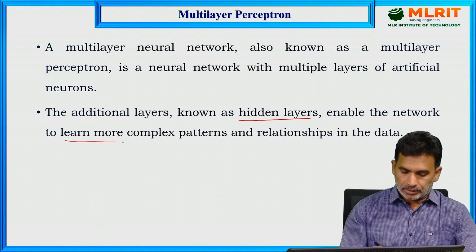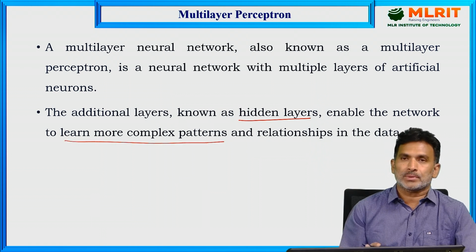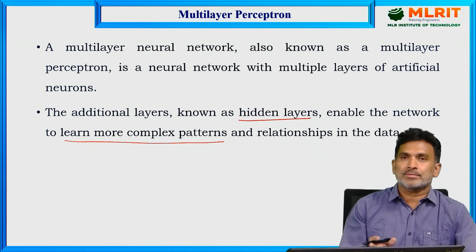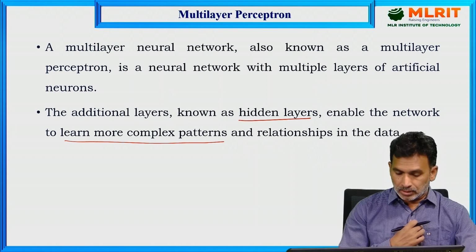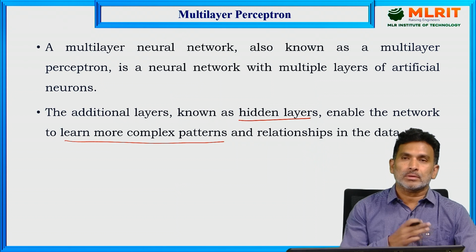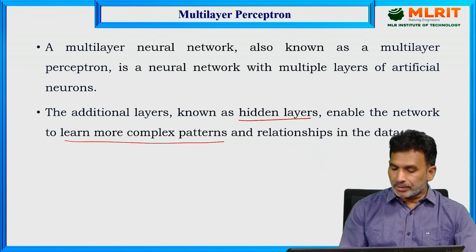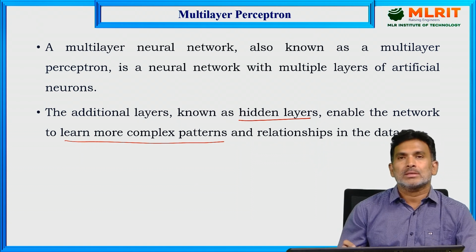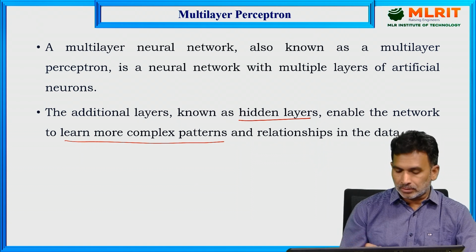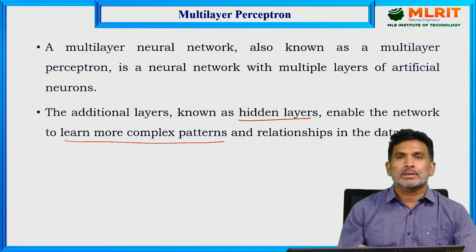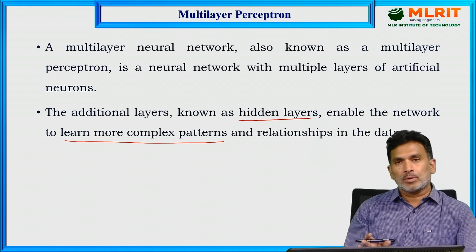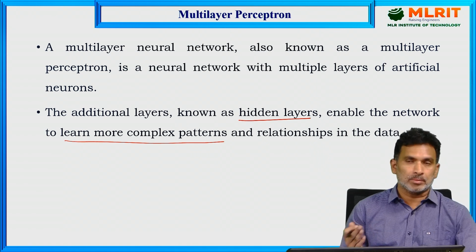With single layer perceptrons, learning these more complex patterns would not be possible because they do not have hidden layers. So that is a major advantage of multi-layer perceptrons, because these hidden layers enable the network to learn more complex patterns and relationships in the data, so that we can classify more accurately, or the predictions would be more accurate.